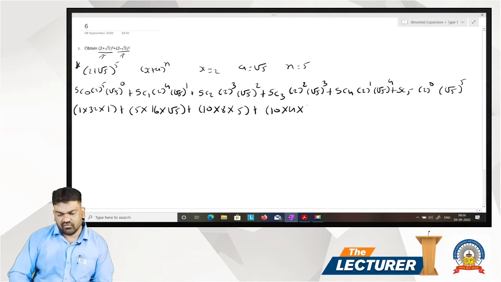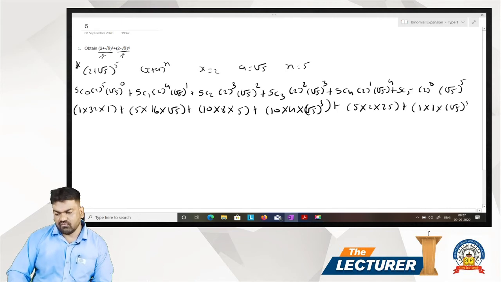Root 5 no cube, that is root 5 cube. 5c4, that is 5. 2 raised to 1, that is 2. Root 5 raised to 4, that is 5 no square, 25. 5c5, 1. 2 raised to 0, 1. Root 5 raised to 5.